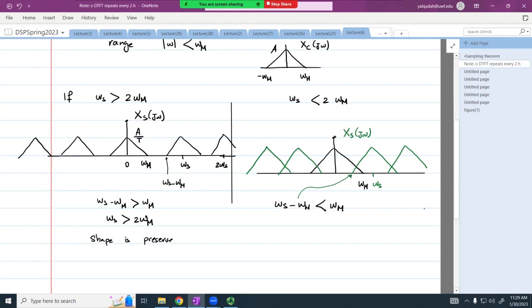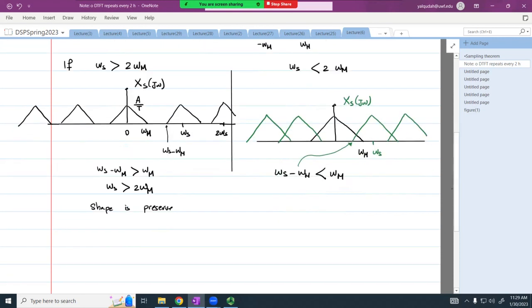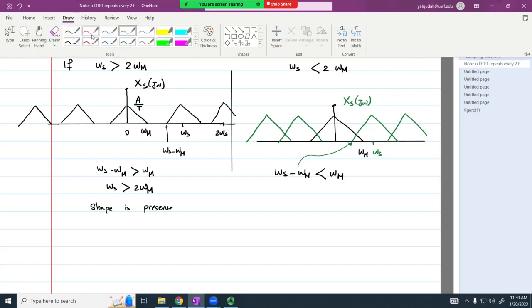Okay. So in this case, there is an overlap between the spectra, and there is no way to obtain the original spectrum from this spectrum. Although we are plotting this like this, in reality, how is this going to look? These are going to be added together, aren't they? So the spectrum is going to add up together. It's going to look something like this.